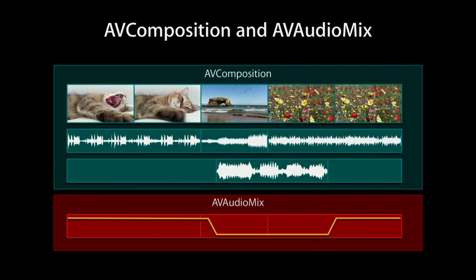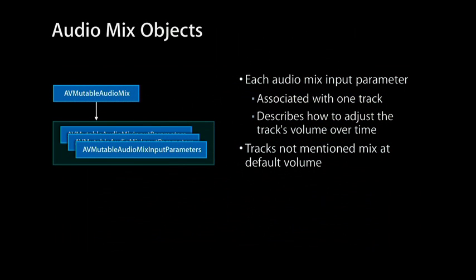The audio mix object only needs to describe what happens to the one audio track because the commentary track will be implicitly mixed at normal volume. So audio mix objects contain a list of audio mix input parameter objects. Each input parameter object describes how the volume of one track should be adjusted over time. And tracks that are not mentioned are implicitly mixed.